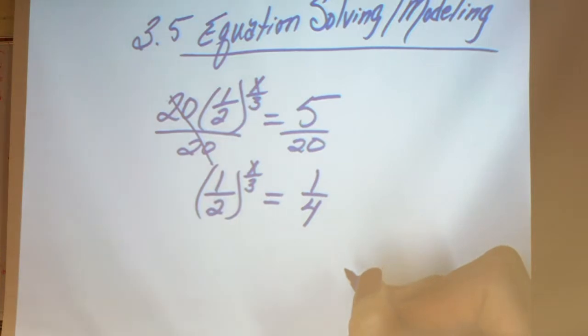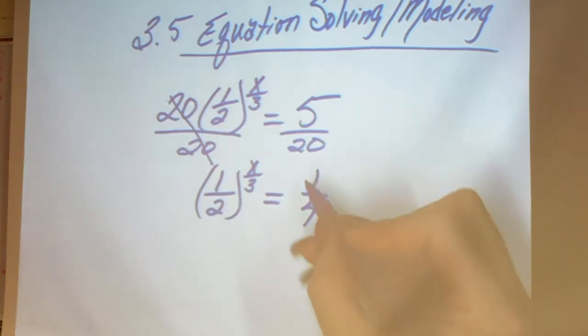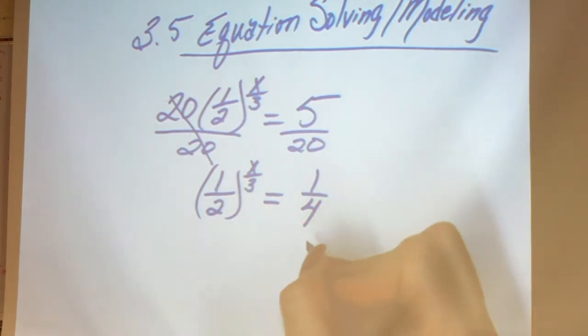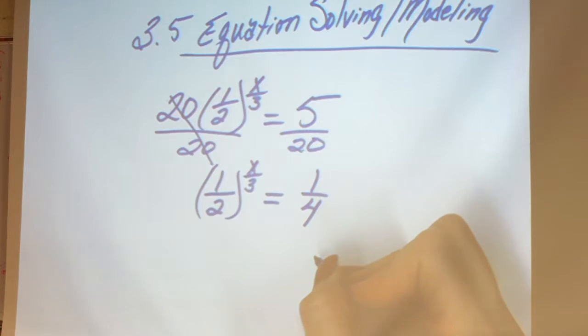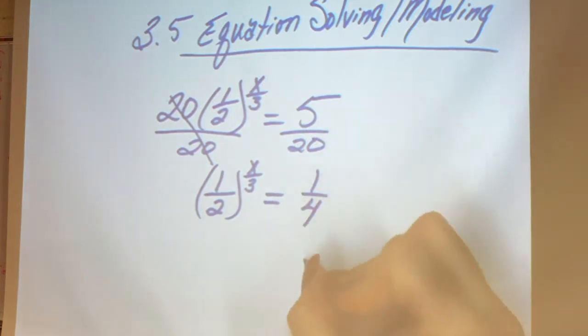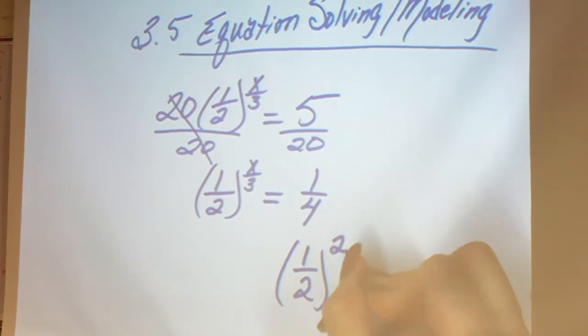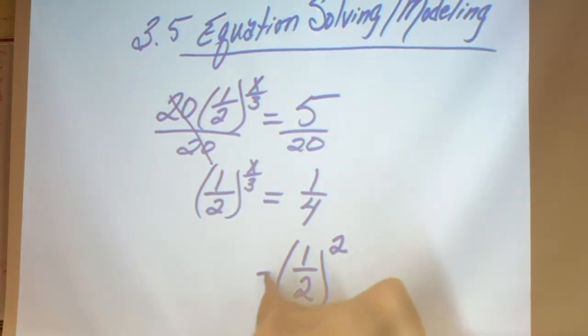We want to make this so that they have the same base. So I'm going to change 1 over 4 to 1/2 raised to the second power. It is the exact same thing. I'm just changing it so that they have the same bases.